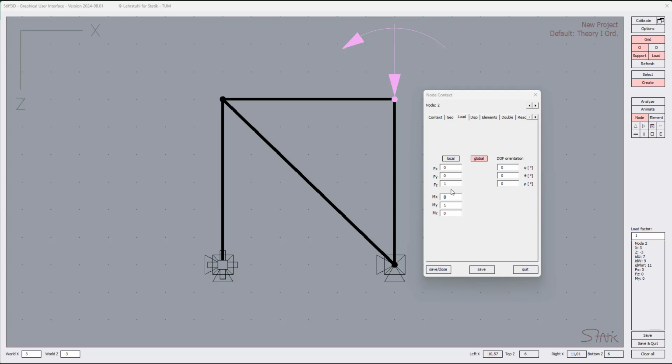So a moment around the x-axis will be displayed here with a double arrow, as well as the moment around the z-axis combined with the moment around the phi-axis, just this inclined arrow, or just taking away the mx and also the fz here. So we have just left the mz, the double arrow for indicating the moment around the z-axis.